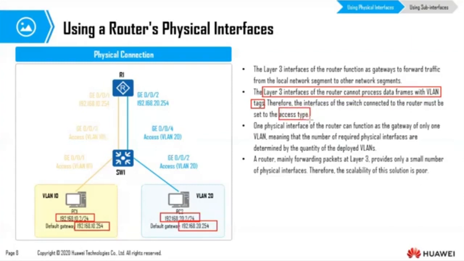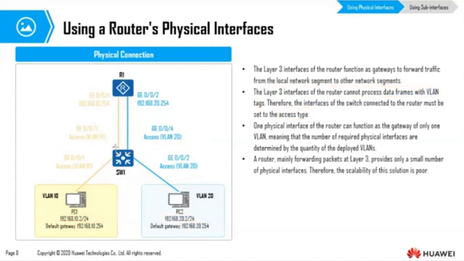So what that means is this link and that link, they have to be access links. How do you configure that? You configure this interface as an access interface and this one as an access interface. Port link type, access.